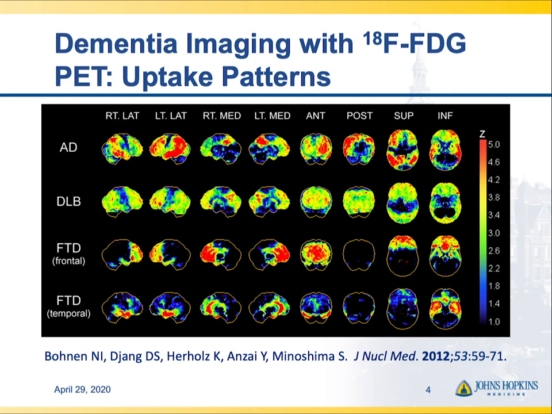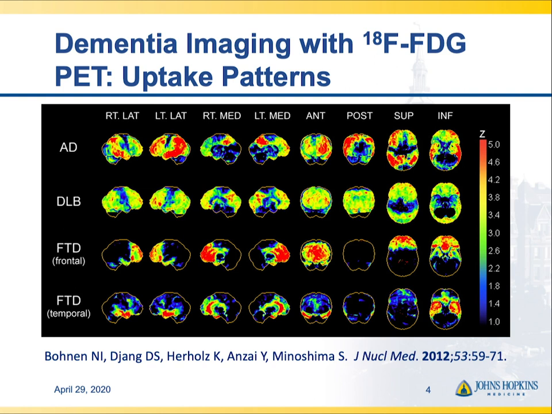I should mention these images from the literature are surface heat maps of the brain, so areas that have hotter colors, the oranges and reds, are most hypometabolic relative to a database of normal individuals with normal brain metabolism. So black and blue are good, preserved areas of the brain, and green is starting to get to be abnormal, and then yellow, orange, and red are distinctly abnormal.